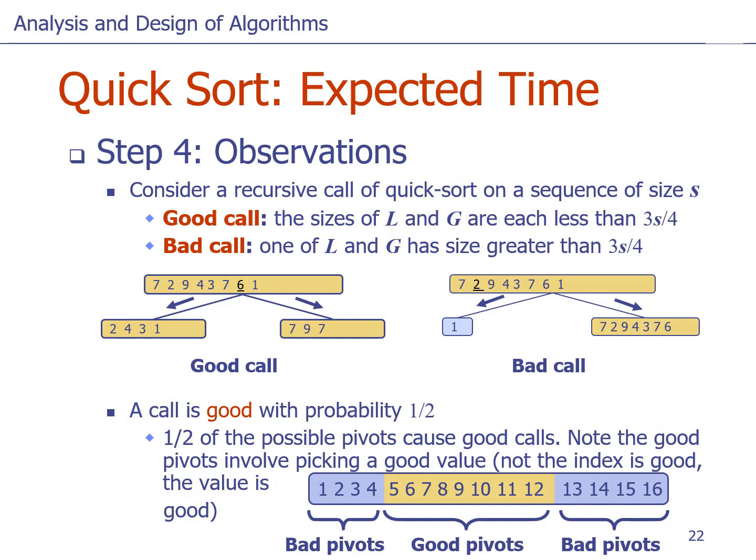So basically half is bad and half is good. So the probability of getting a good pivot from a random selection is 50% of the time, or half. Okay? And the probability of getting a bad pivot is also 50% of the time, based on our model here.